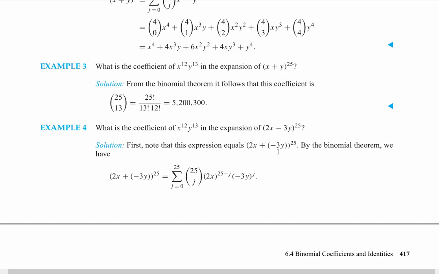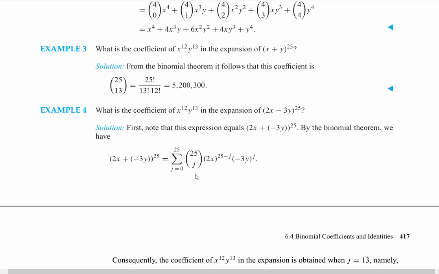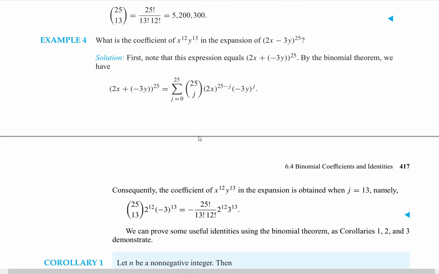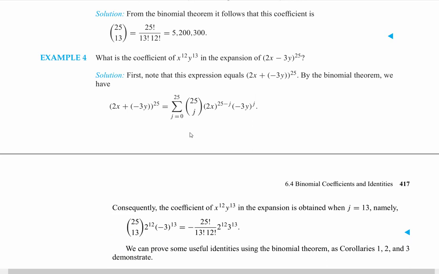I guess we do have to be a bit careful here. This is our formula from the binomial theorem.